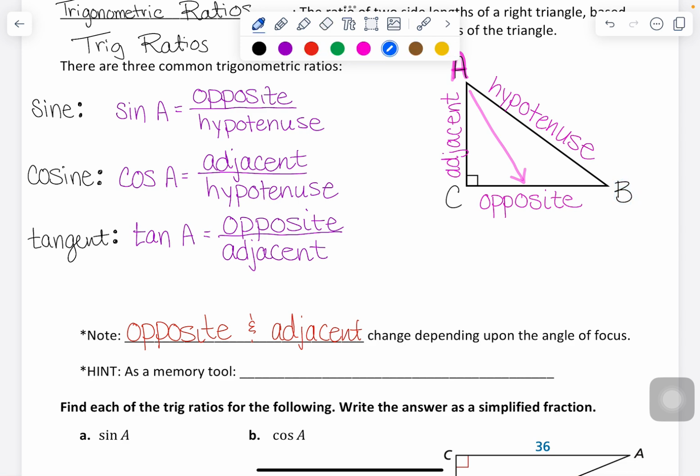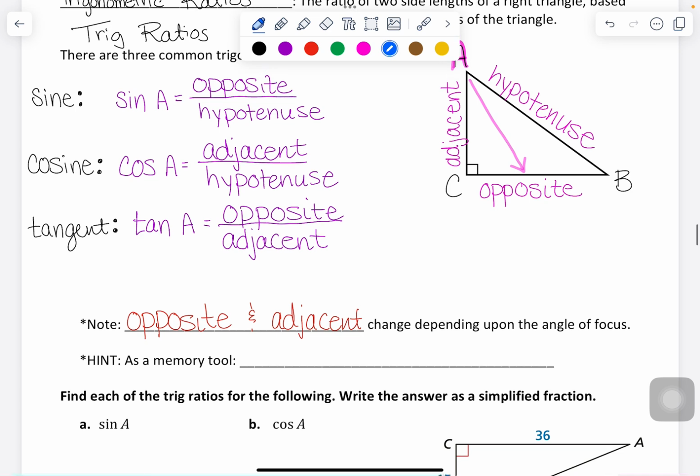There we go. So those opposites and adjacents will flip depending upon which angle of the triangle you're focused in on. One of the things that helps with memorizing which one goes with which, because it is good to know which ones go together without having to look at your postulate sheet all the time, is a memory tool known as SOHCAHTOA.